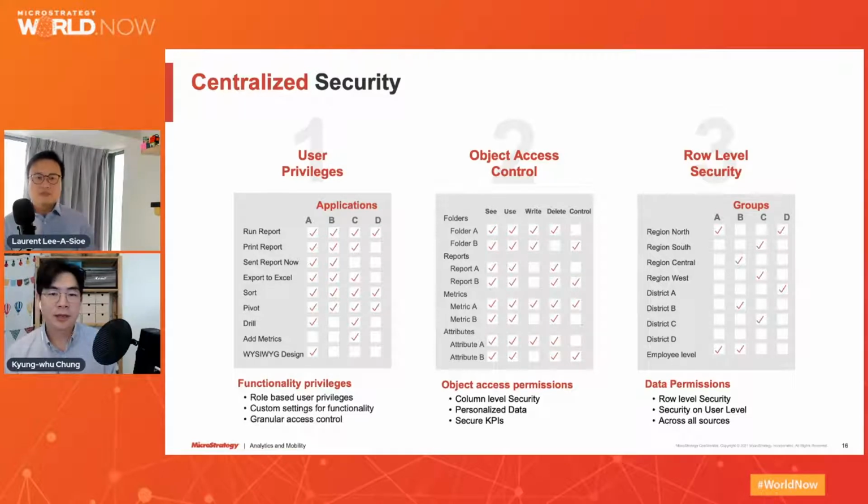For example, if a set of users cannot see private information such as the email address, phone number or address of my client, we can simply use object access control to implement column level security. An important thing is, again, all these three security components are defined at the semantic graph level.